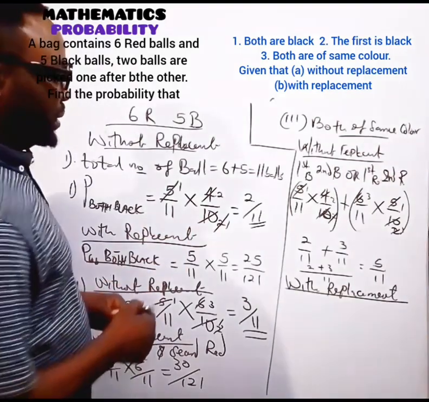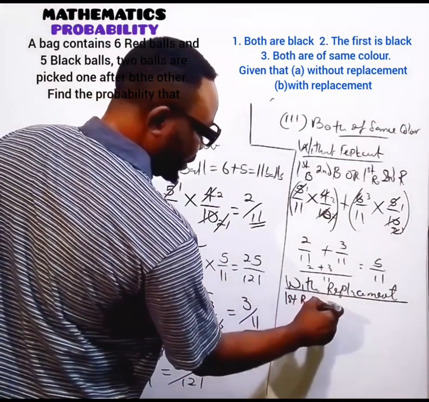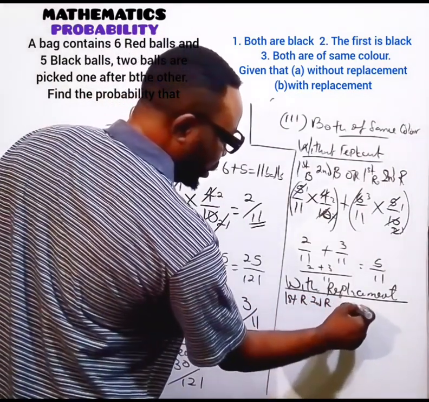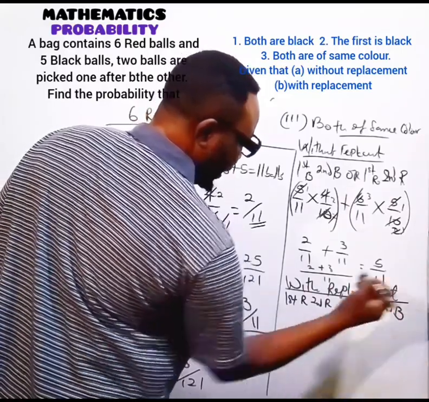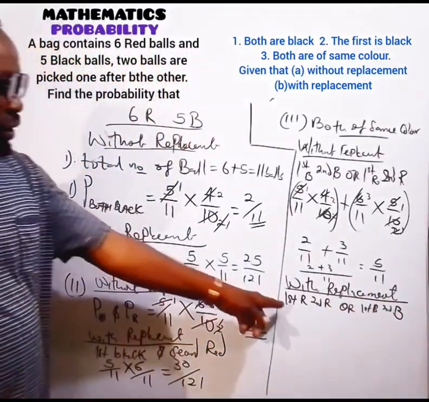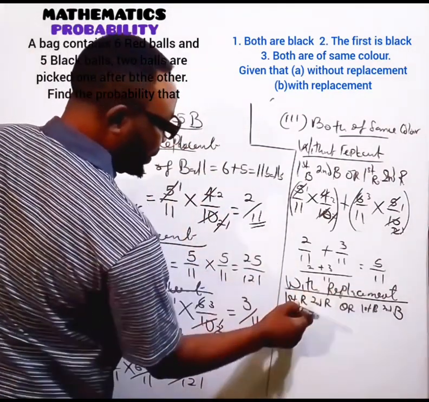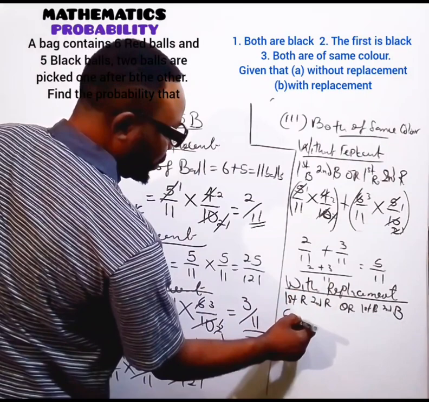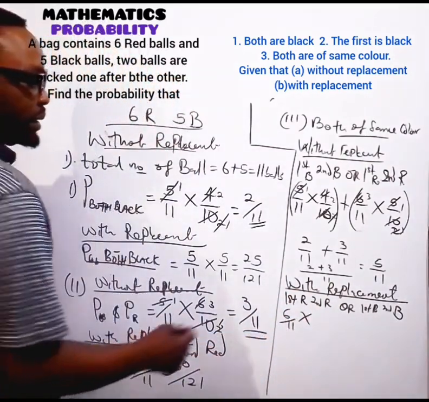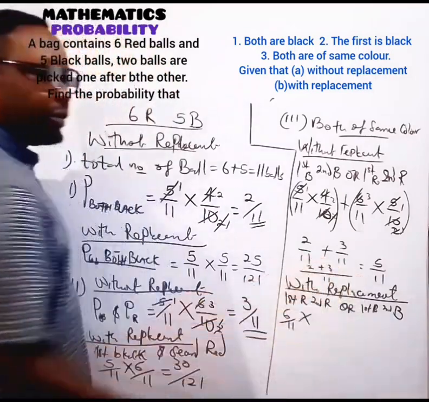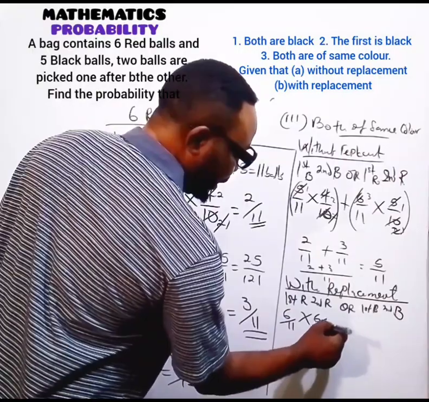So let's look at it this way: first red, second red, or first black, second black. For the first red, don't forget, with replacement, that is 6 over 11, multiplied by second is red. They have returned it back there, so that will still be 6 over 11 as well.